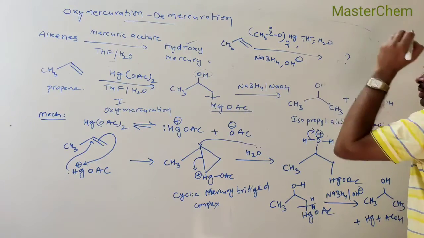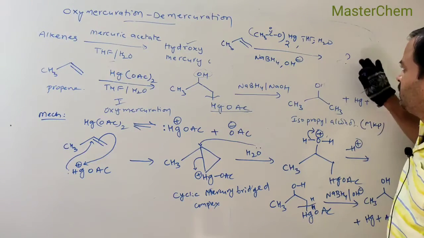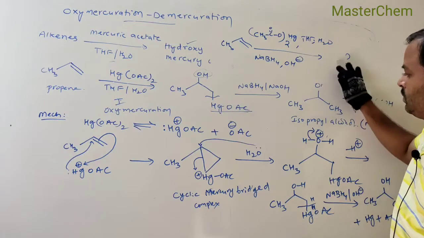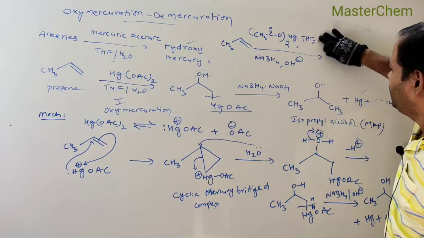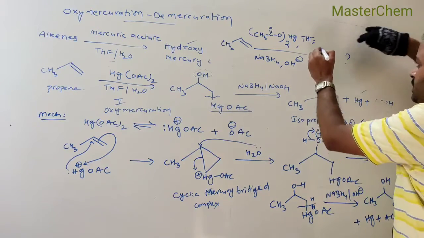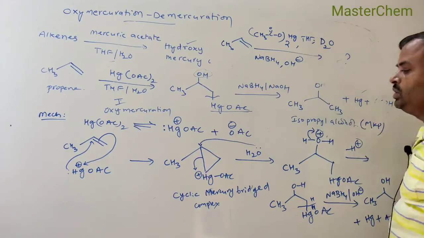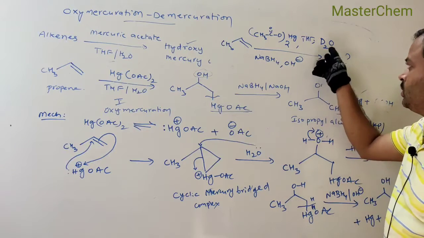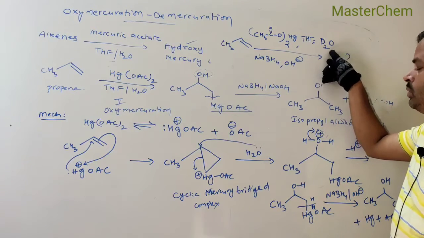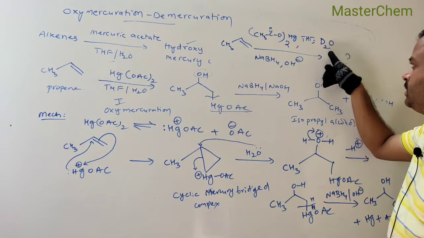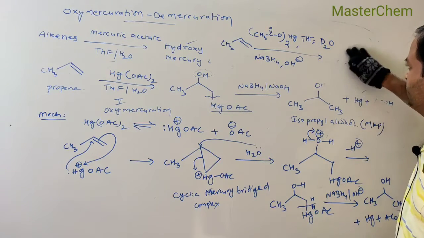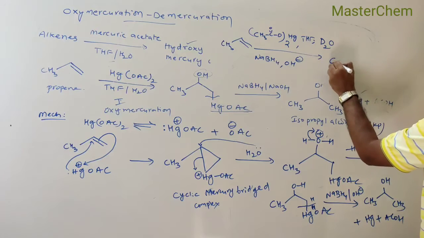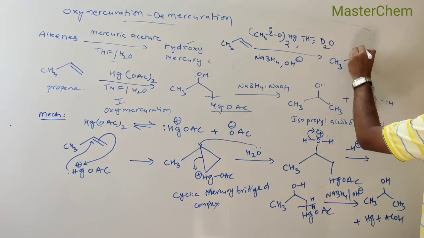What is your answer? This is your answer. Next, if in place of H2O it is given as D2O, what is D2O? Heavy water. What is your product? The product is CH3 CHOD CH3.